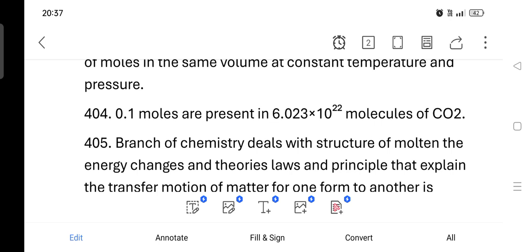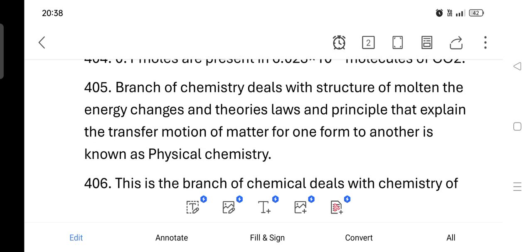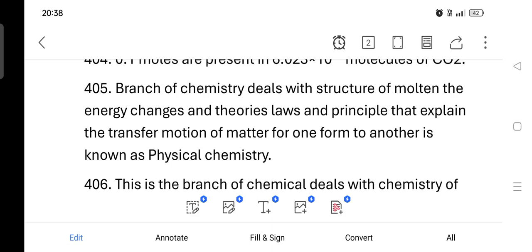0.1 mole is present in 6.023 × 10^22 molecules of CO2. The branch of chemistry that deals with the structure of matter, the energy changes, and the theories, laws and principles that explain the transformation of matter from one form to another is known as physical chemistry.